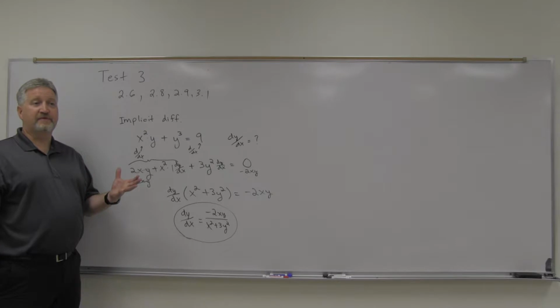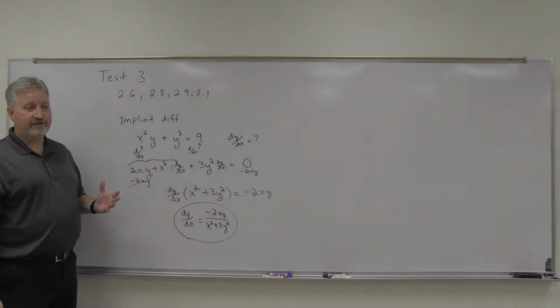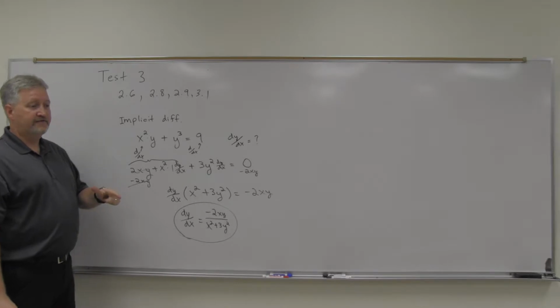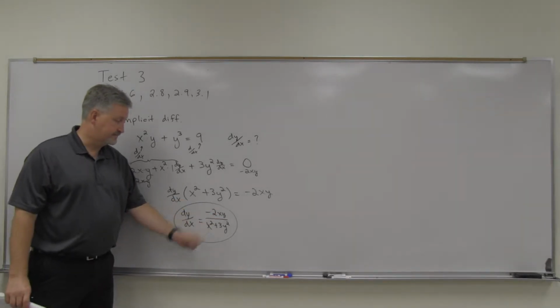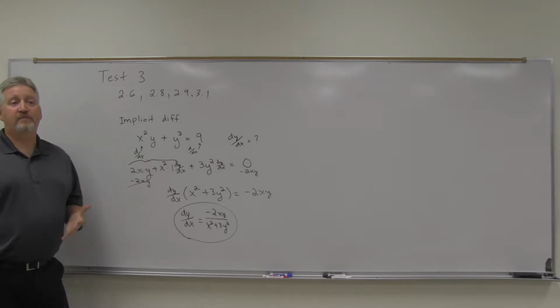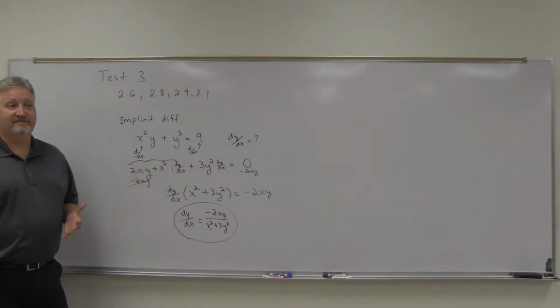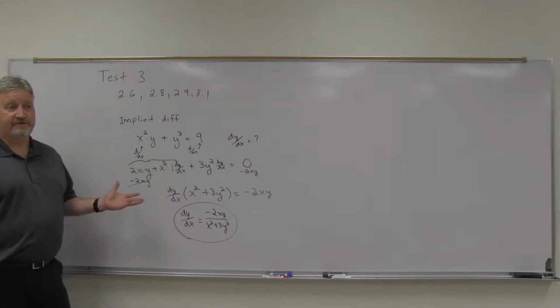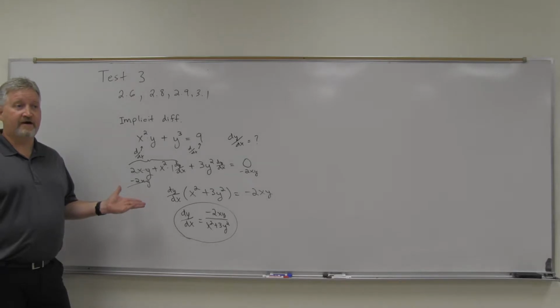If it asks for the slope of the tangent at a certain point, well, just figure out your x and y value. You have to plug those in, whatever point you're pointing it at. What if it said, what about the horizontal tangents? Horizontal tangents, what do we got? Horizontal tangents, the slope is 0, right?